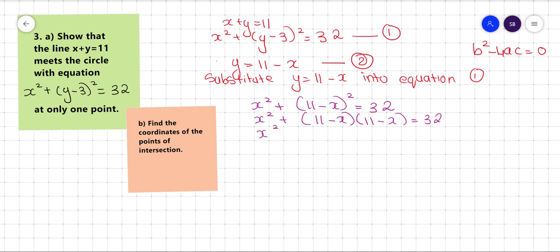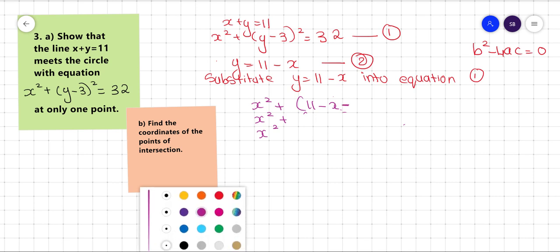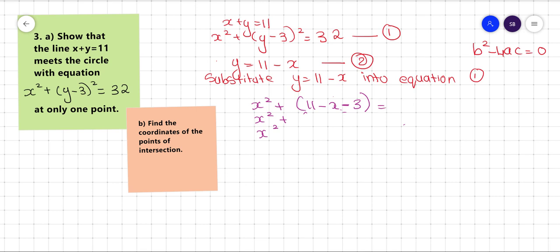x squared, there is 11 minus x, there is minus 3 also here, (11 minus x) and there is minus 3 is equal to 32. So I am left with 11 minus 3 is 8 minus x whole thing squared is equal to 32. Plus (8 minus x) into (8 minus x) is equal to 32.